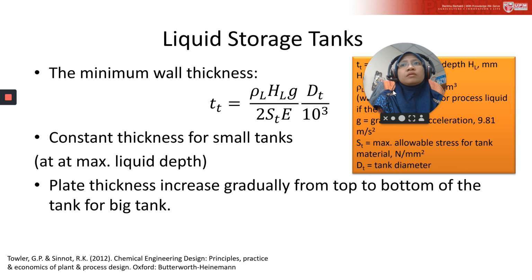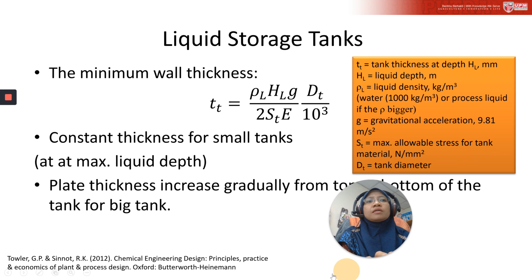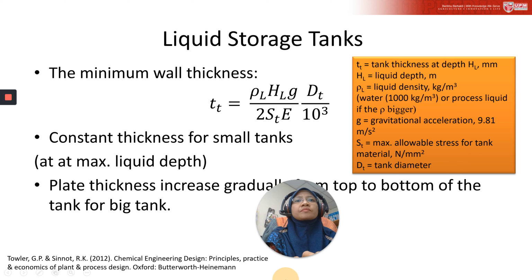The minimum wall thickness can be calculated by using this expression, where TT is the tank thickness at depth HL, where HL is the liquid depth. Then you need the liquid density, where here it is recommended to use water density.